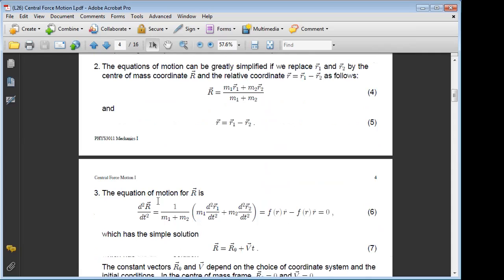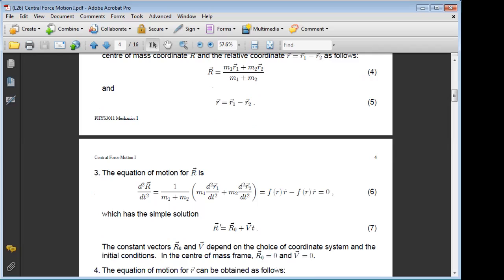If we differentiate the center of mass coordinate twice, then we get, as shown in equation 6, 0, which implies that the simple solution is the acceptable solution.